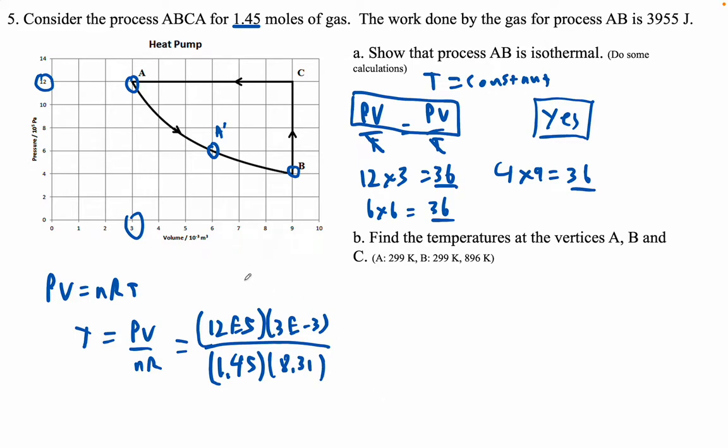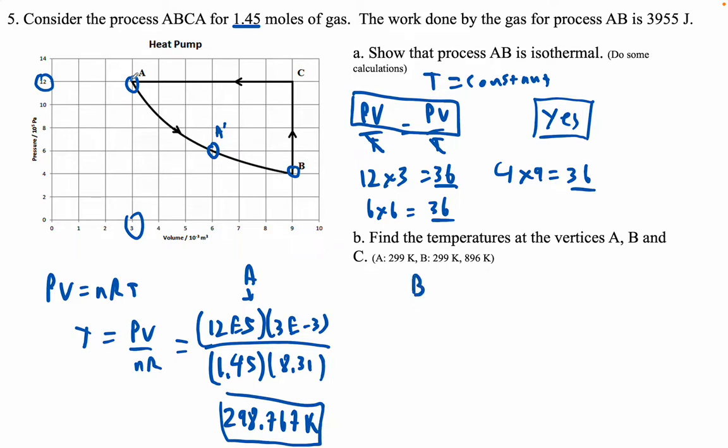So this is at point A. So let's do that. 12E5 times 3E minus 3 divided by 1.45 divided by 8.31 is 298.767, or 299 kelvins, right?